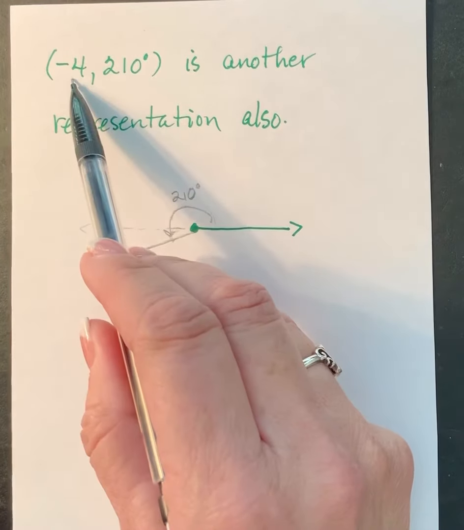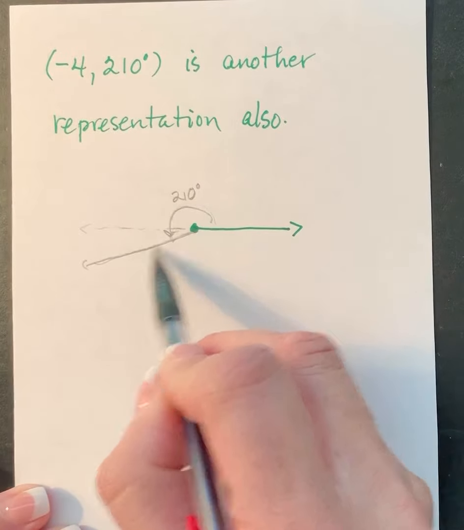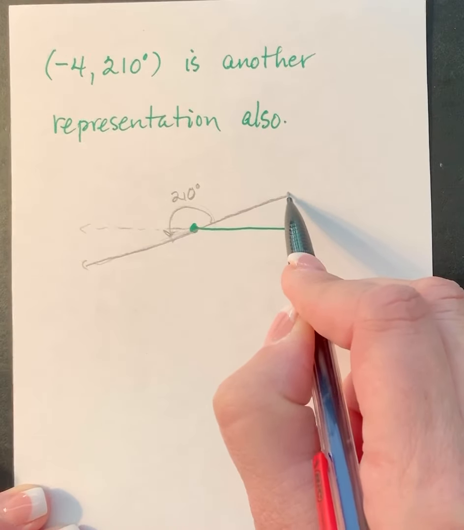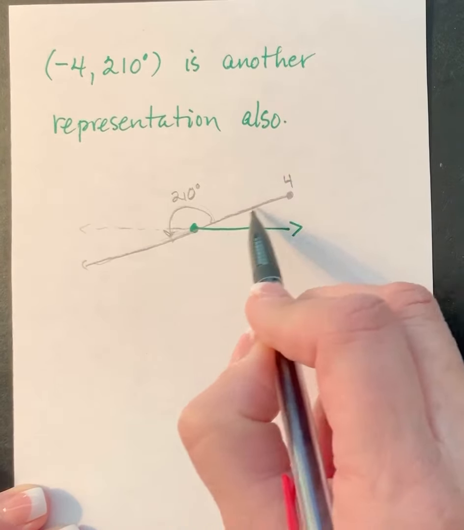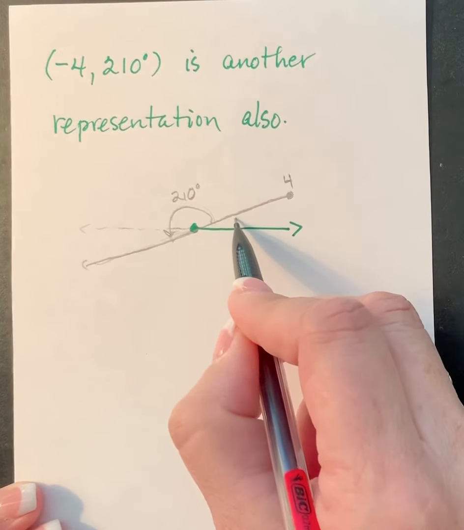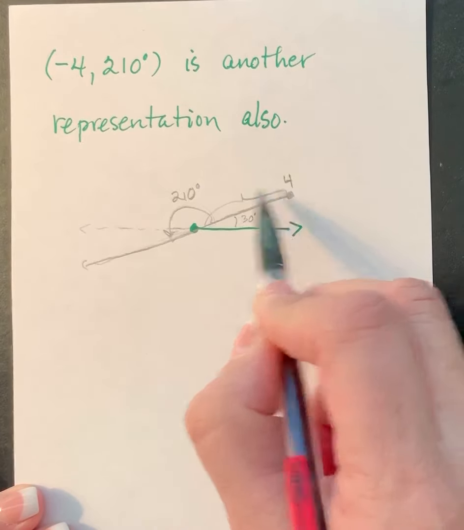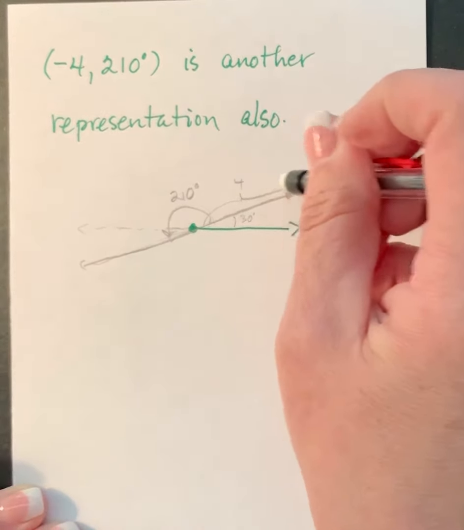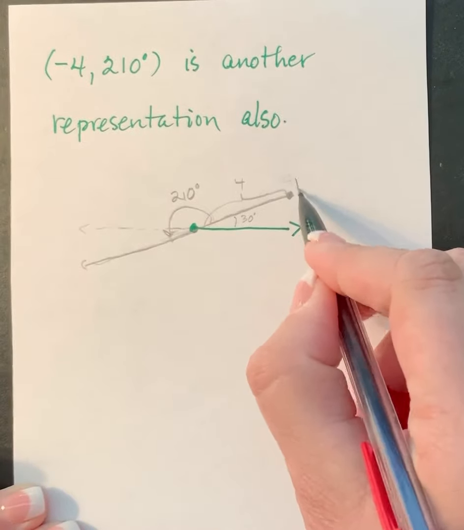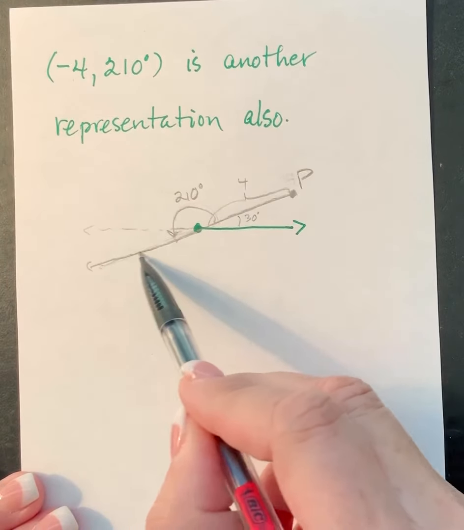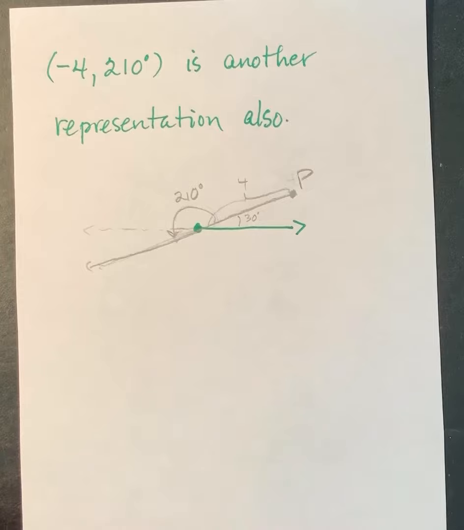But since it's a negative 4, you're going to go in the opposite direction of this 210, so you would be going this way 4 units up to the right, and that is the same thing as going 4 units along the 30 degree angle. And this would be where point P ended up. So if you have a negative r, you'll actually be going the opposite way, at an angle that's 180 degrees different, or pi if you're doing radians.